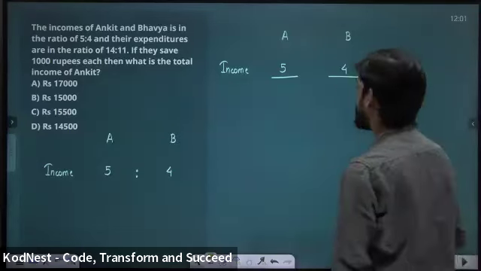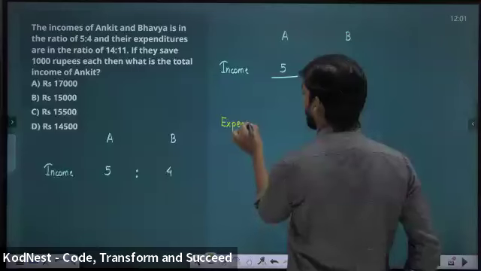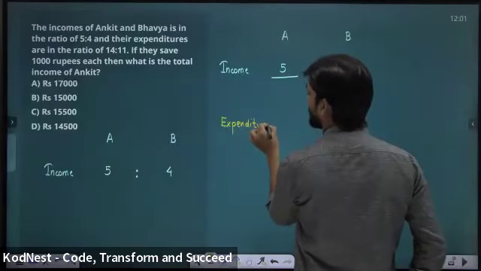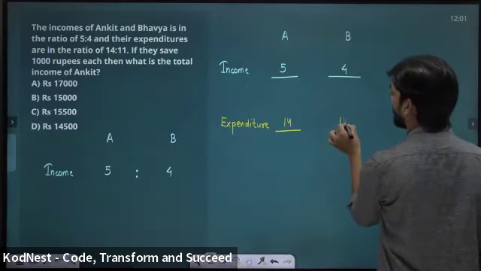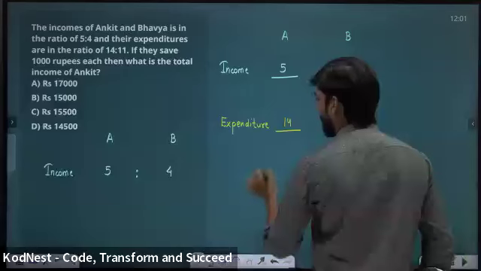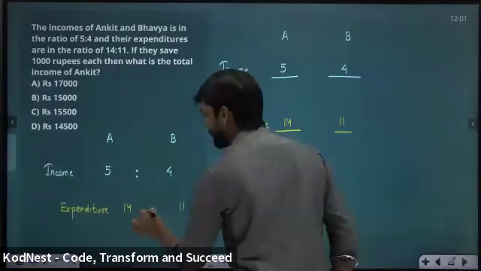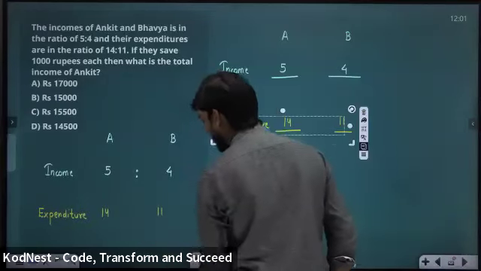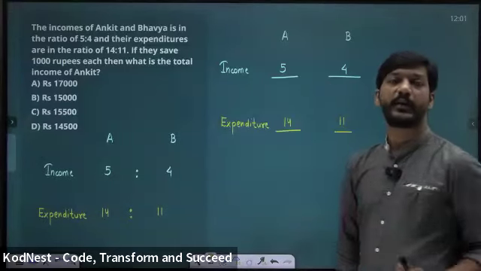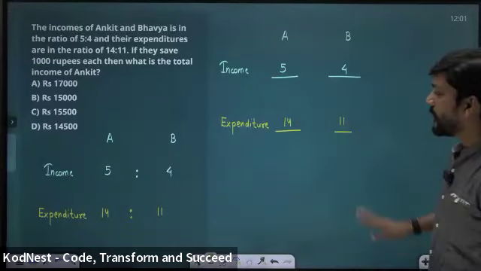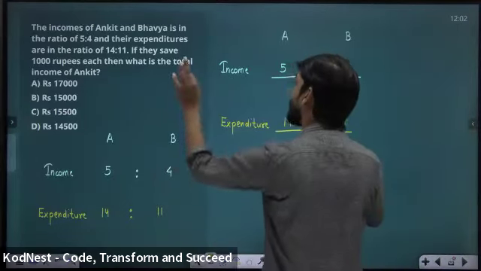Now, expenditure also is given. Expenditure ratio is given. Expenditure ratio is 14:11. So 14 and 11. All right, I don't know the values. I know the ratio. Okay, I've taken the values from the ratio. All right, so now I will check one thing. Please don't see any value which is given.